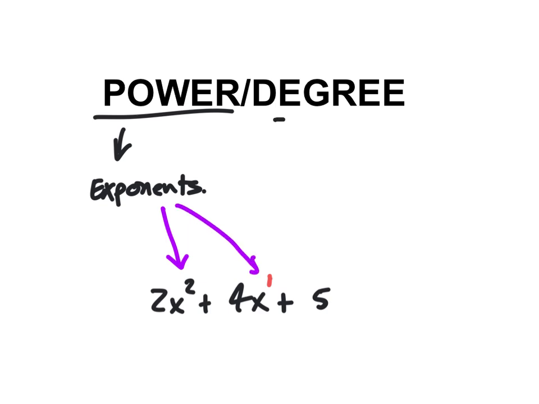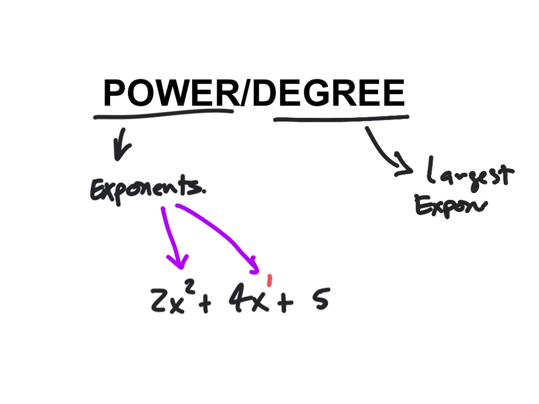Your degree, though, is your largest exponent. So in this case, 2 is my degree. This would be degree 2, all right? So we're going to use these words for this stuff.